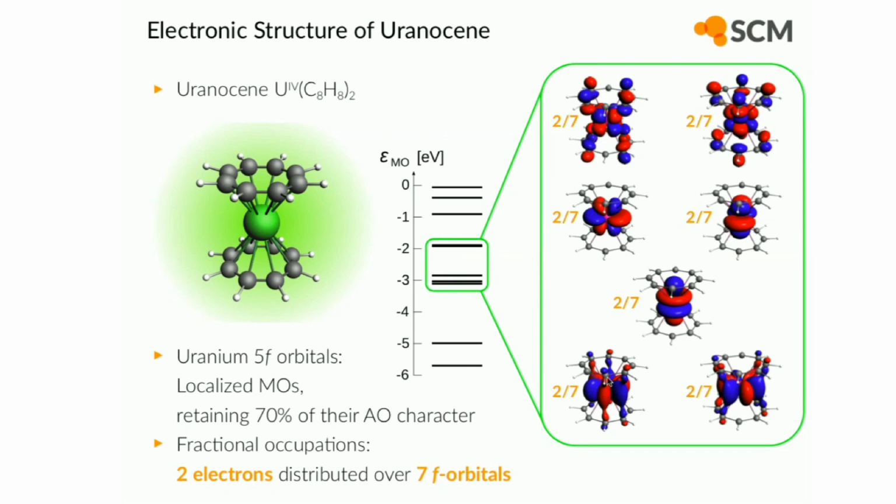So you can see here, for instance, the 7 IMOs which arise from the 5F orbitals of the uranium center. Then, by doing Mulliken population analysis, we see that it has more than 70% of the uranium 5F character. So they can be used for the LFDFT calculation.